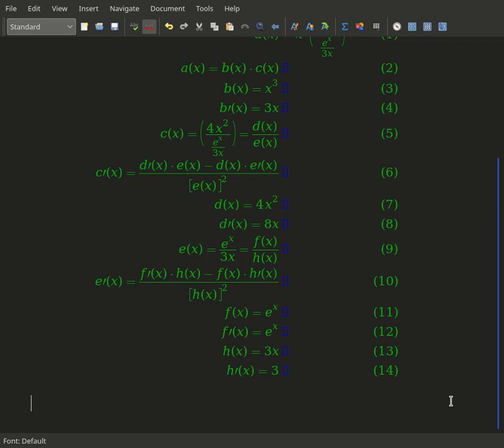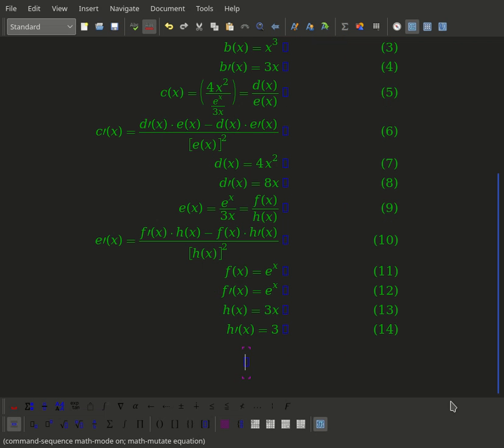We're just going to start substituting stuff in. So we've got E prime of x is equal to the fraction of, let's see, f prime of x, which is just e to the x, times h of x, which is just 3x, minus f of x, which is just, again, e to the x, and that's times h prime of x, which is 3.